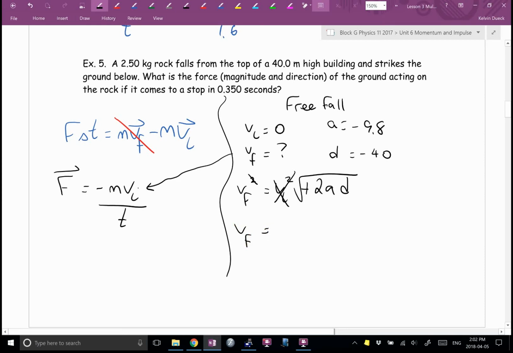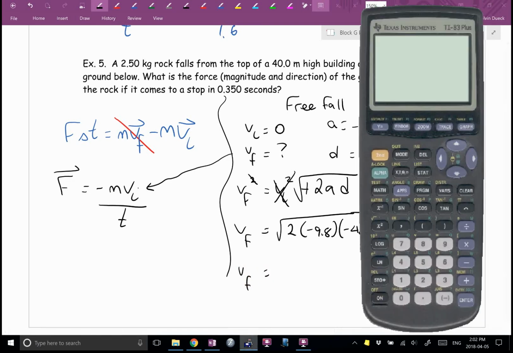First of all, it's kind of nerdily interesting to me, but also wonderful review going on here. It's going to be the square root of two times negative 9.8 times negative 40.